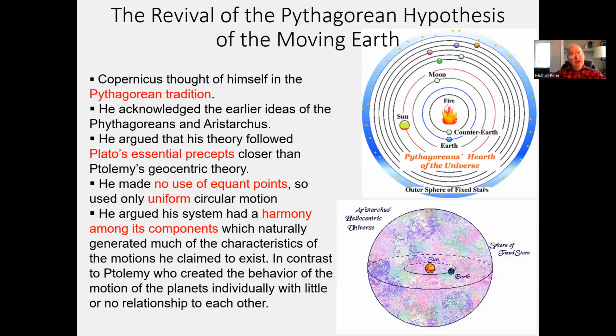All these things were well known. And we don't doubt, by the way, that Aristarchus put these ideas forward, because they have none other than the authority of Archimedes himself. Archimedes was a younger contemporary of Aristarchus. He probably knew Aristarchus.